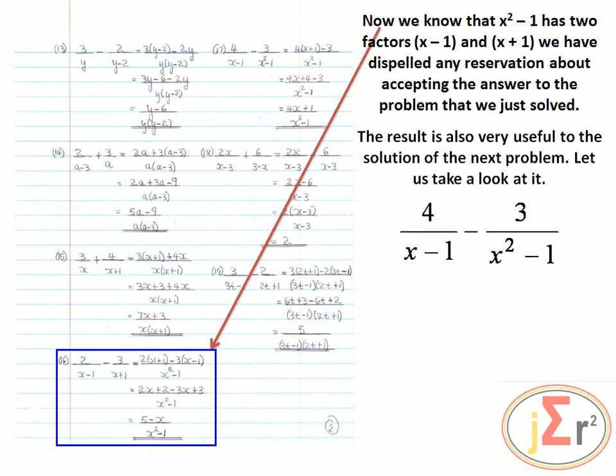The next problem has 4 over x minus 1, minus 3 over x squared minus 1. What do we know? We know that x squared minus 1 has two factors, one of which is x minus 1.